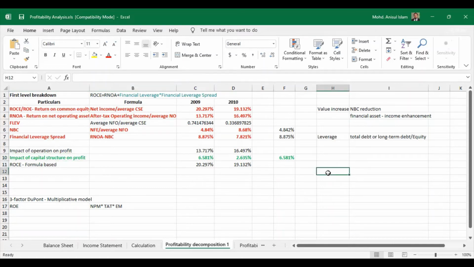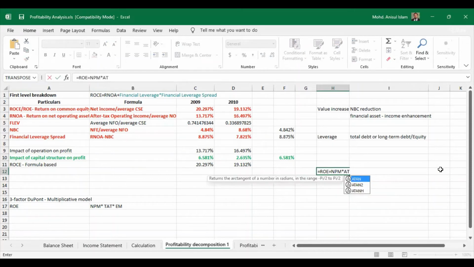Can I recall that in the DuPont analysis, what we did, we measured the ROE by taking the net profit margin, then multiplying by asset turnover, then we multiply this by the equity multiplier, right? So it is a multiplicative approach, right? It is a kind of multiplicative approach, okay?